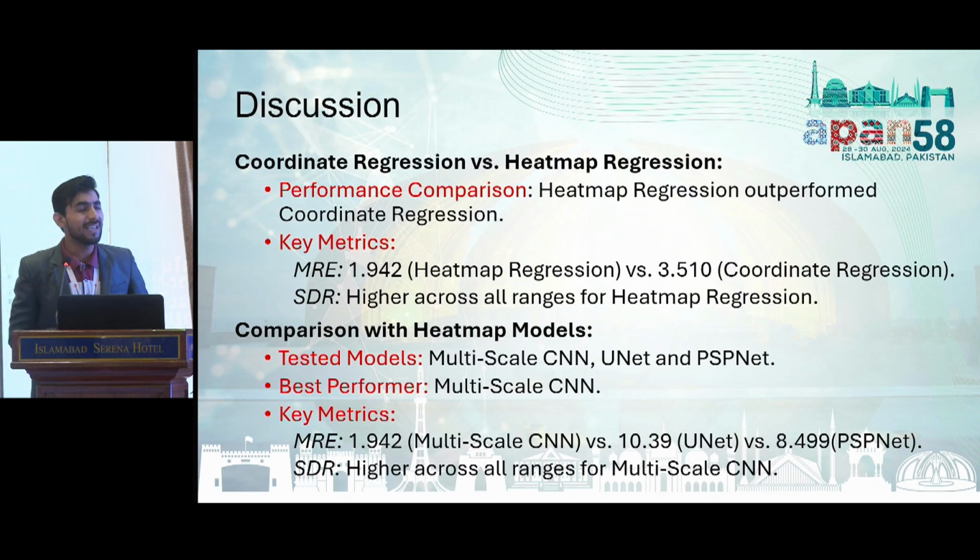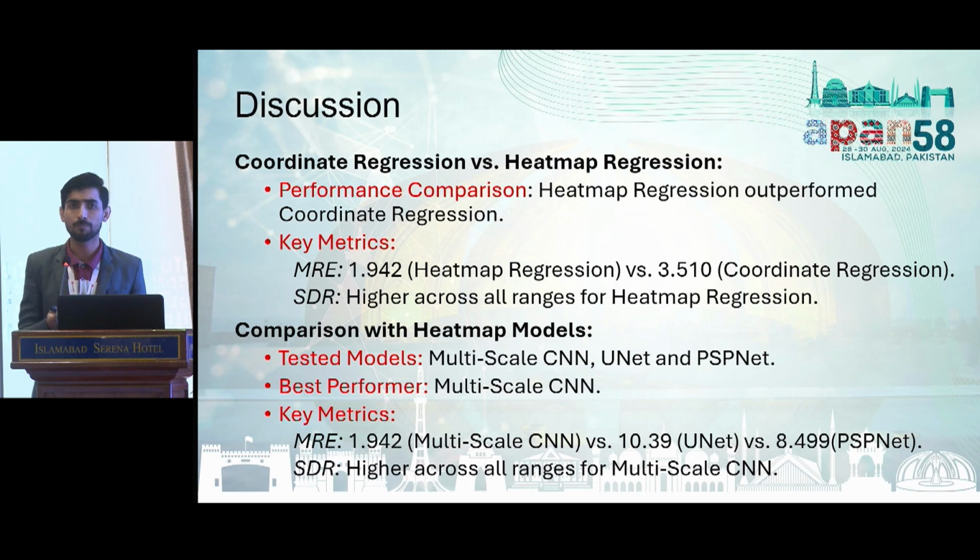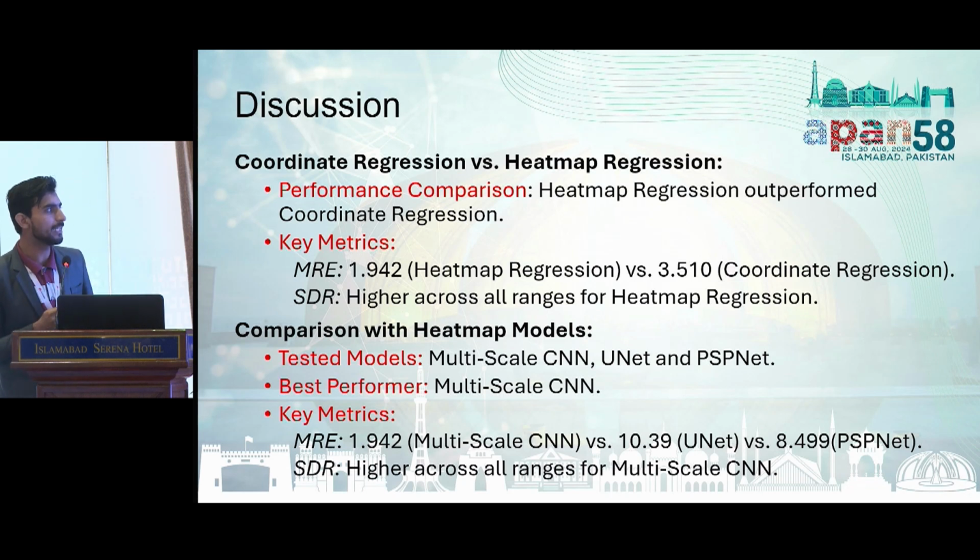Based on our ablation studies on the segmentation models and the coordinate regression models, we found that heat map regression is more precise than coordinate regression, with a mean radial error of 1.942 with the heat map regressor and 3.5 with coordinate regression.